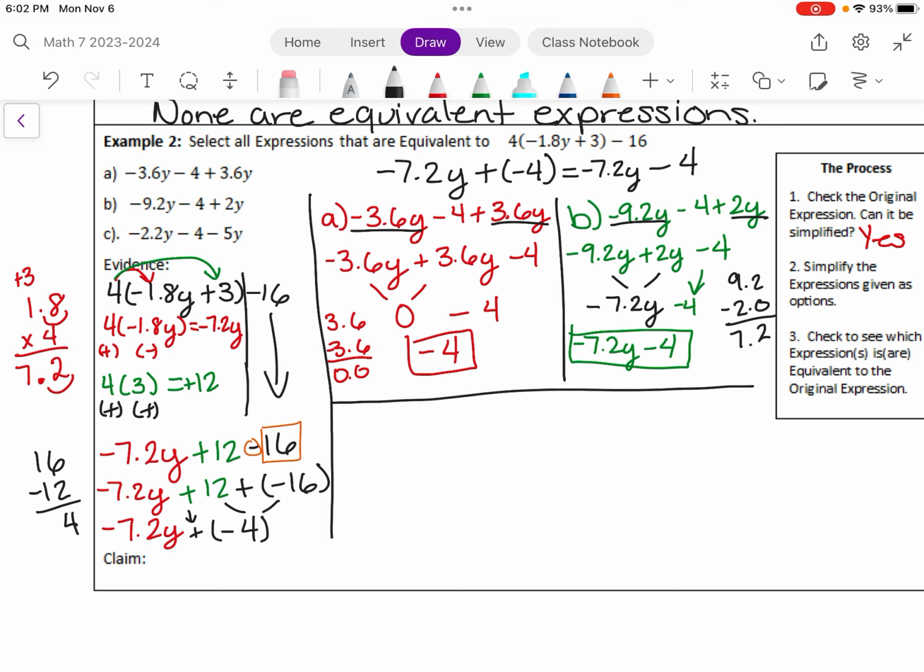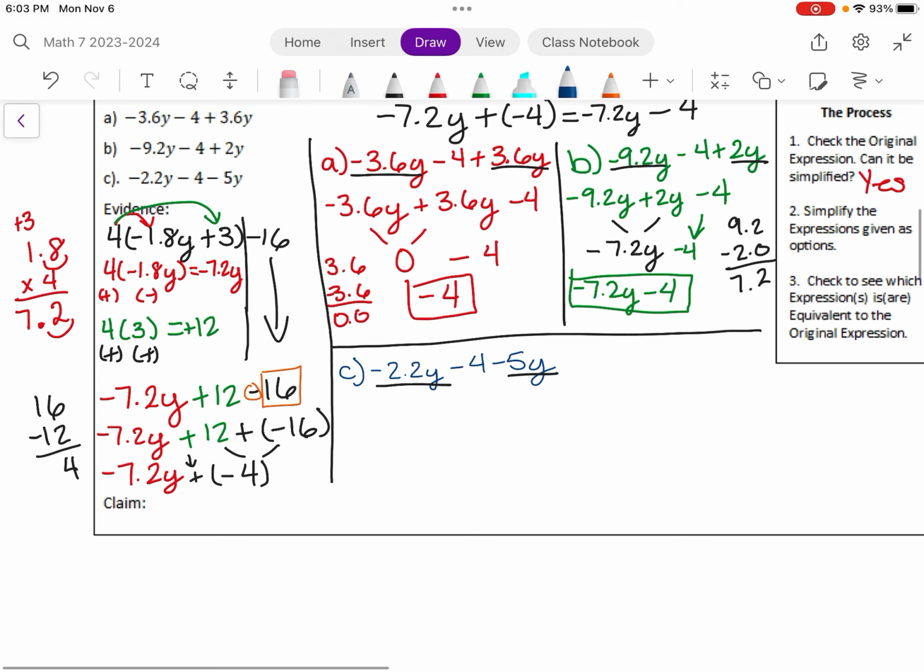And last but not least, we're checking our C. So C says negative 2.2y minus 4 minus 5y. Same as the other ones, move over my like terms. In this case, it's negative 2.2y and my minus 5y. So this makes this negative 2.2y minus 5y minus 4. Okay.